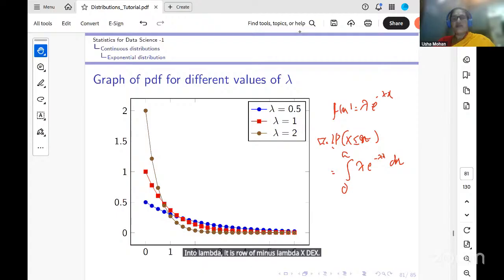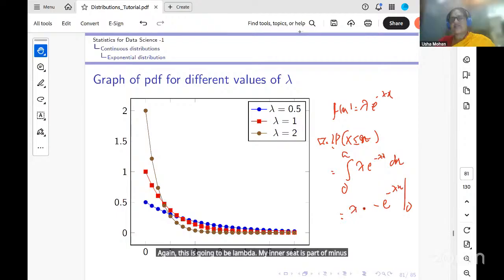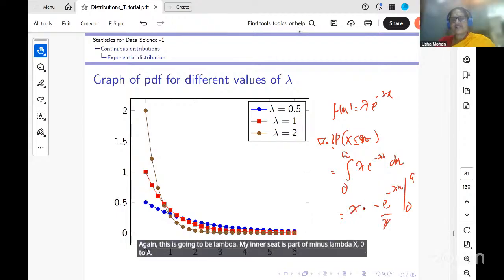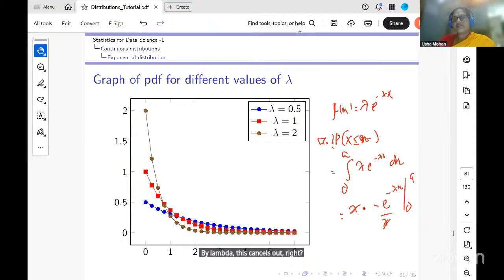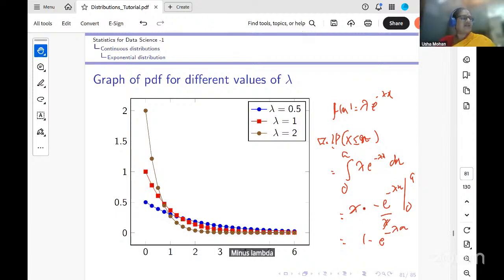What would this be? Lambda times e to the power of minus lambda x divided by minus lambda, from 0 to a. This cancels out, so we get 1 minus e to the power of minus lambda a.